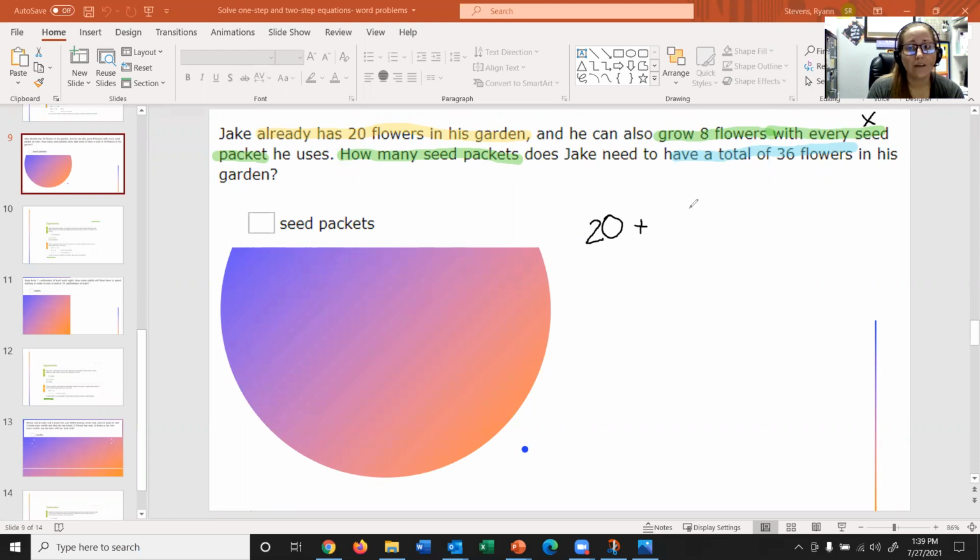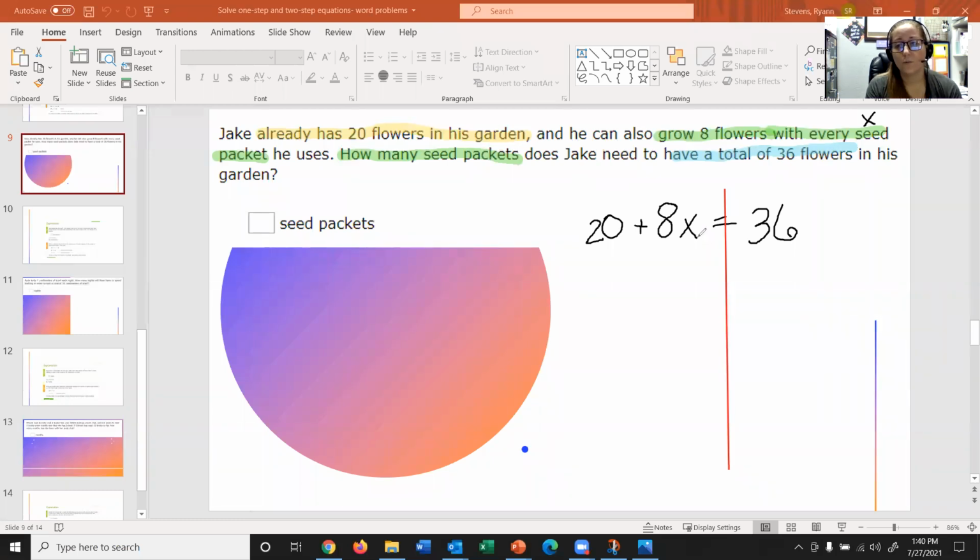Okay, and with every seed packet, we know that Jake can grow 8 flowers, and he wants a total, so equals 36. And here we have a two-step equation. Okay, just by reading the question and setting it up using all of those important key factors that we determined from the question, we can solve to figure out how many seed packets does Jake need.